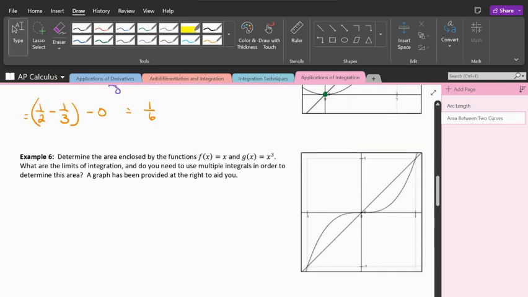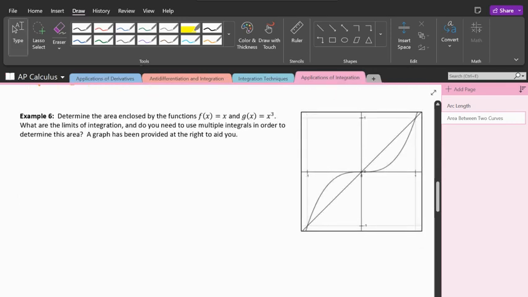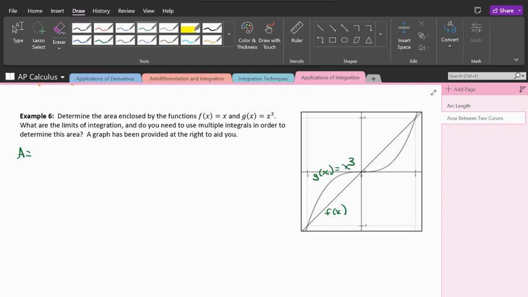Now, in example 6, we're going to see that the functions cross twice. And so we're going to need to use multiple integrals because the top function switches. So f of x is equal to x, and our g of x is going to be our x cubed function. And we can see that our limits of integration are going to be from -1 to 0, and then 0 to 1.